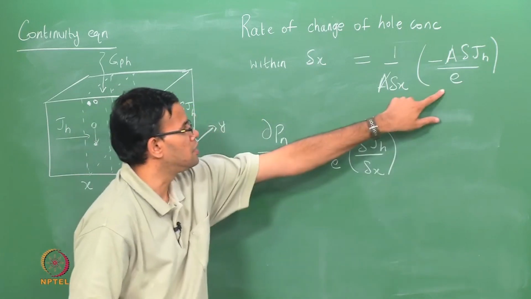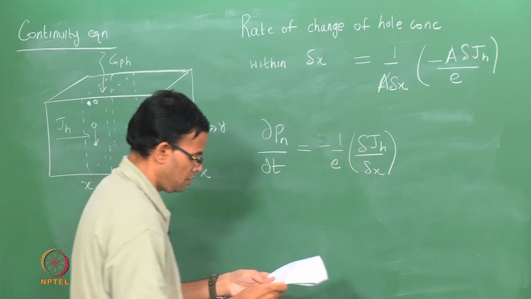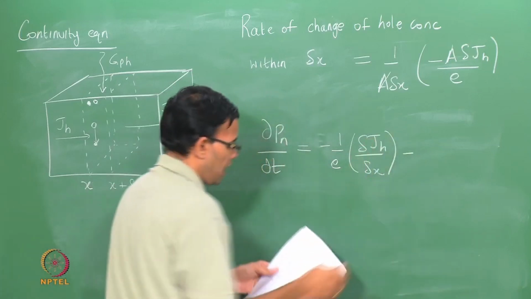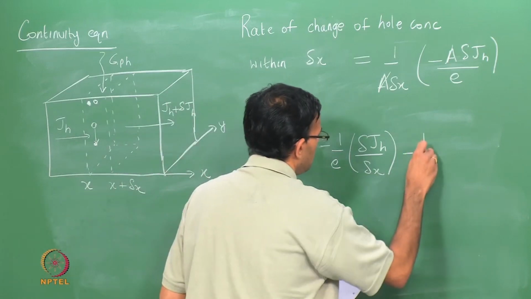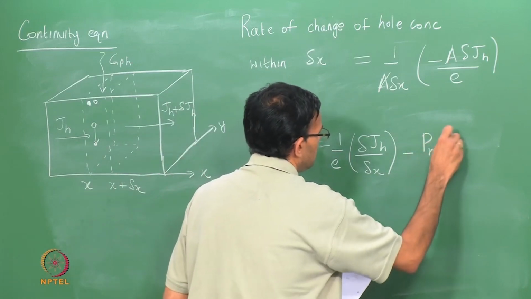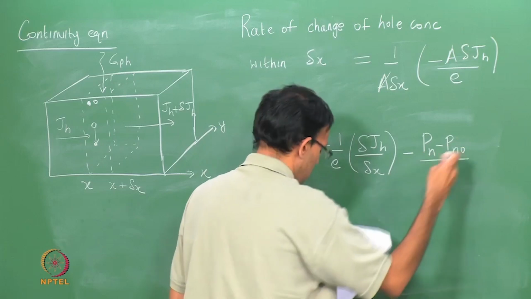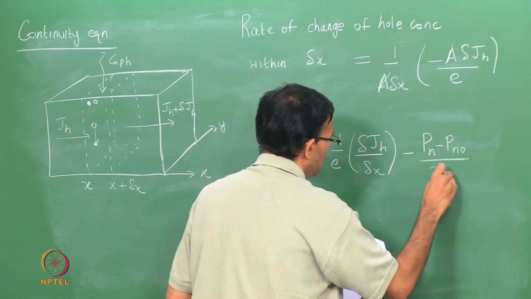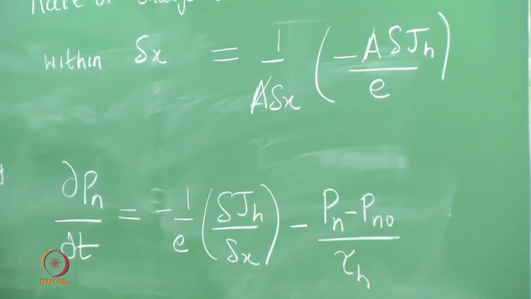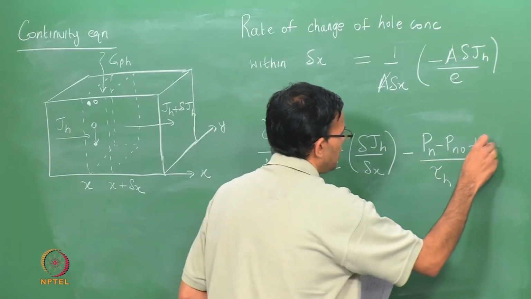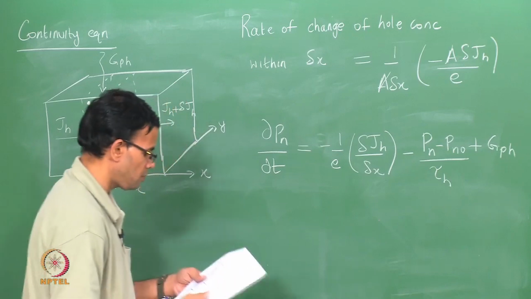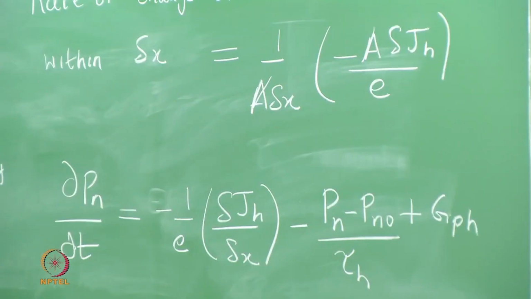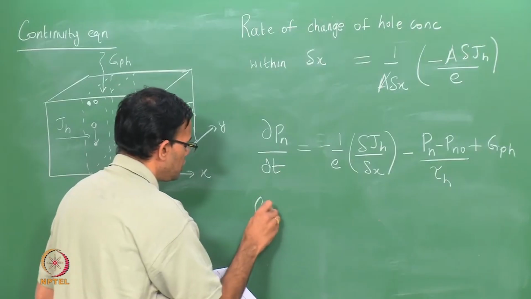So, it is just this term that is written here minus the holes that are lost due to recombination. So, Pn minus Pn naught, which is your excess holes, divided by tau h plus the holes that are generated, which is GPH. So, this equation is called your continuity equation.